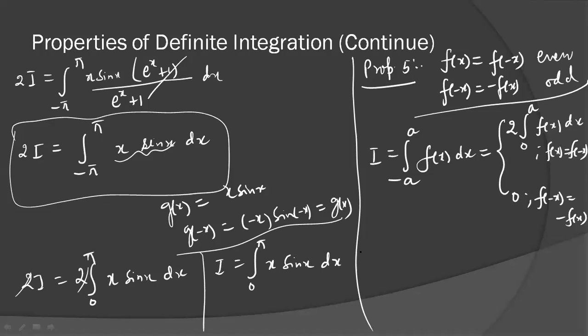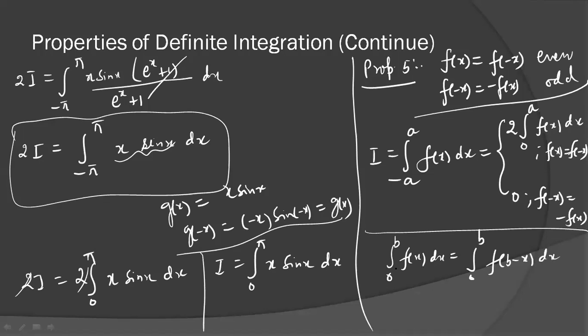If you are willing to use one more property, this problem will be easier. You can solve it by integration by parts, first into second method, which I discussed in the previous lecture. But if you use one more property, which is a special case of property 4, the integral from 0 to b of f(x) dx equals the integral from 0 to b of f(b minus x) dx.